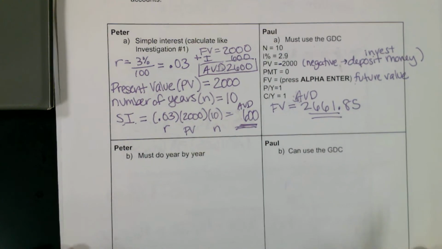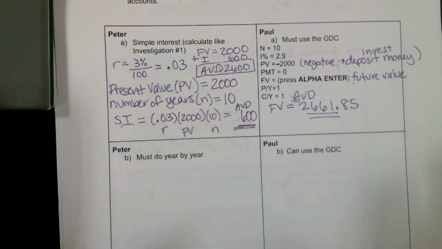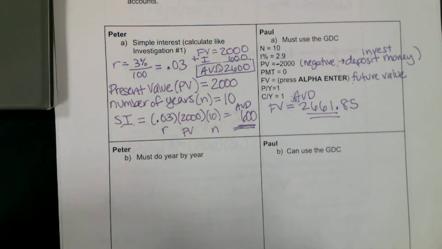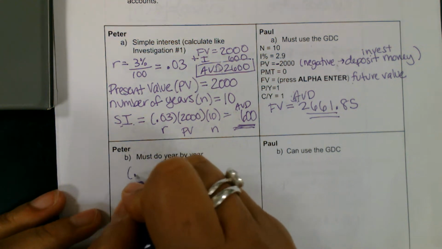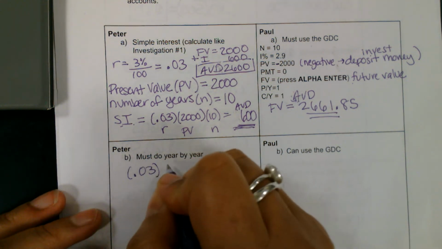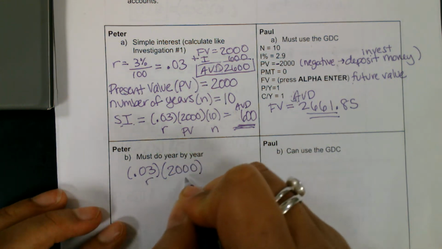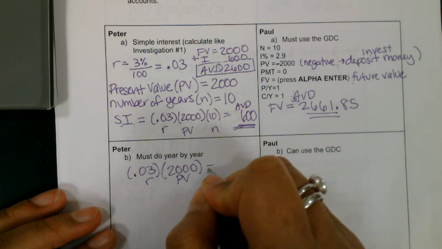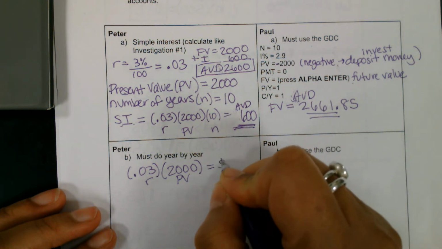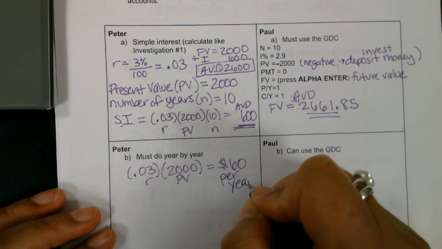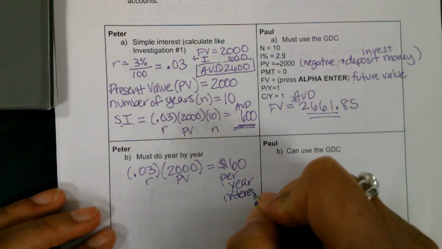So first, let's do Peter. Peter, we got to do this year by year. So we need to know how much does he make per year. We know how to do that. We're going to take 0.3 times our original amount, so just our rate, times that present value, and we are going to get $60. And this is what he makes per year in interest from the bank.